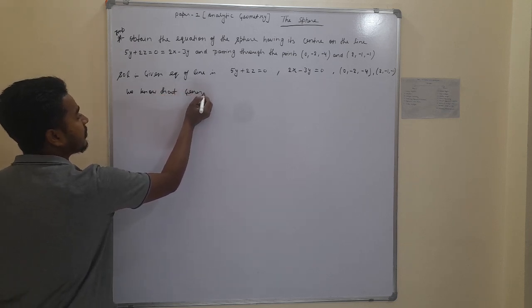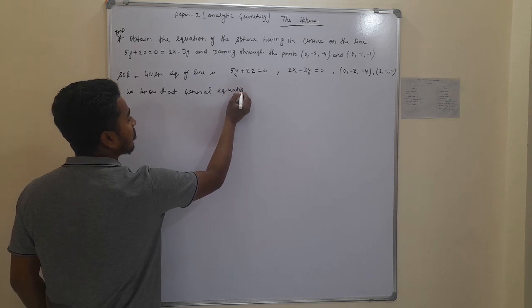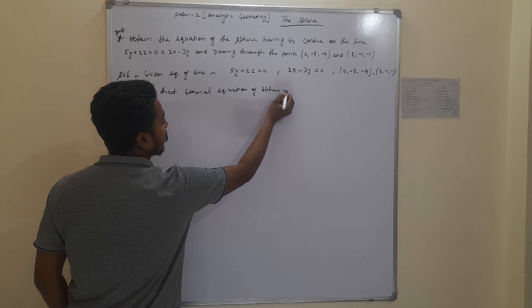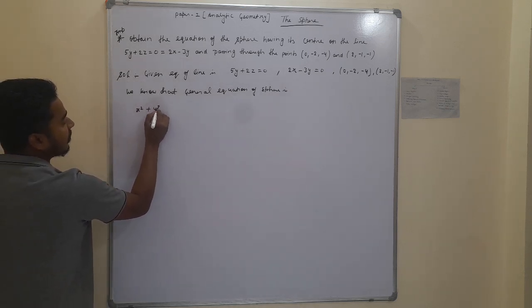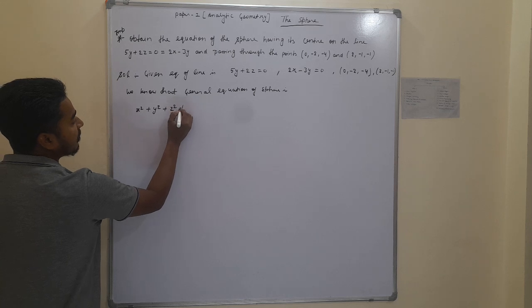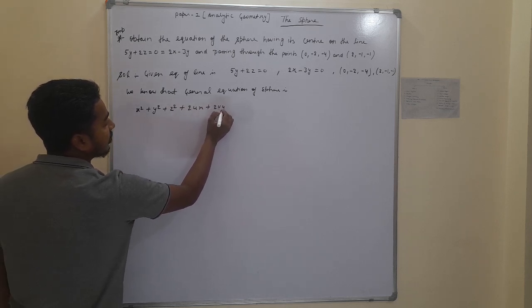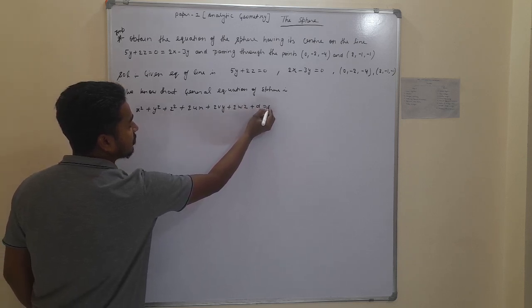the general equation of a sphere is x squared plus y squared plus z squared plus 2ux plus 2vy plus 2wz plus d is equal to 0.